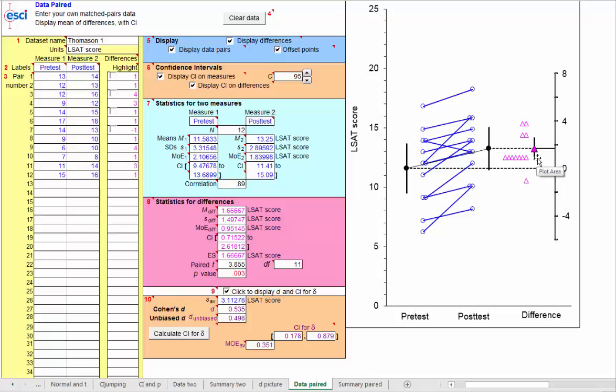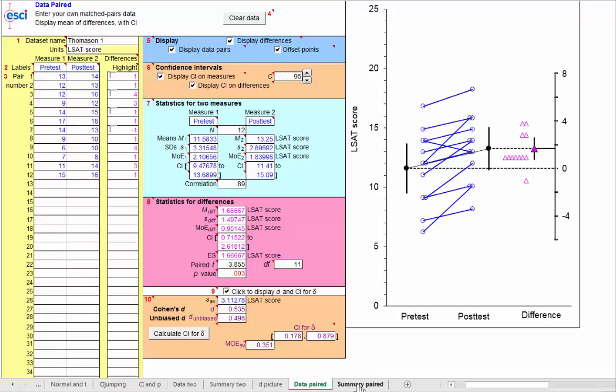So be quite clear about the different roles of these two different estimates of standard deviation. Standard deviation of the differences for calculating our confidence interval on the effect size, the difference, and S av, our best estimate of the population standard deviation that we use as our standardizer for Cohen's d.